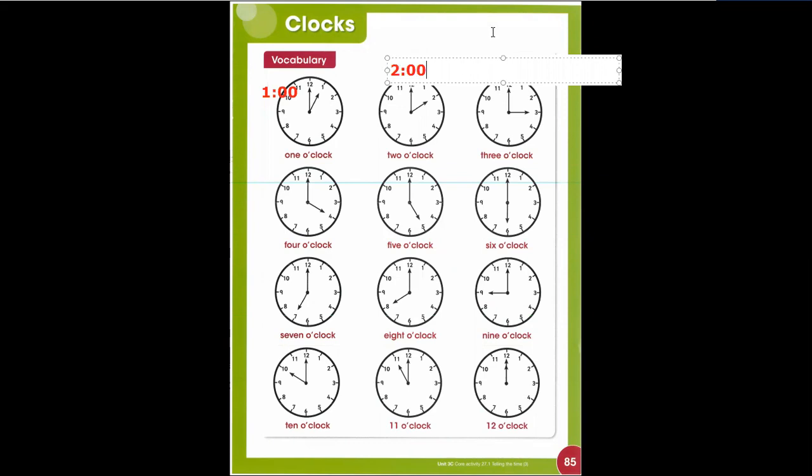So time is going to be 2 o'clock. Number 3. You can consider this as a revision lesson. So it is 3 o'clock.